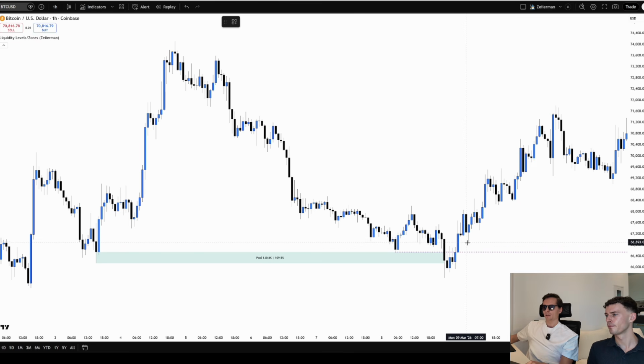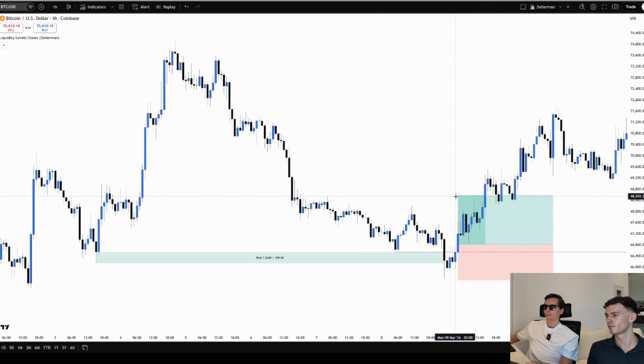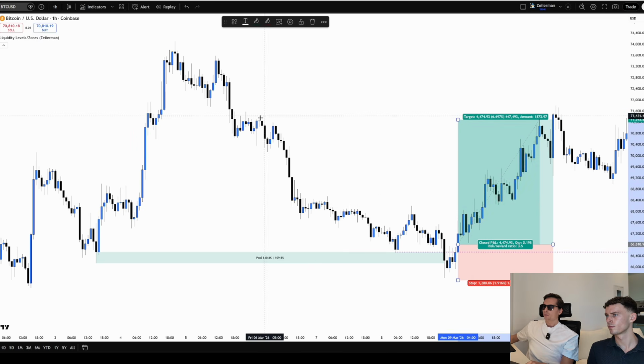So let's say we take on the retest. I'm usually taking on the break exactly when it breaks. I'm quite aggressive, so I would enter right there. In this case, we have the stop loss below the zone, of course. And we can target, most often, some sort of significant swing point.